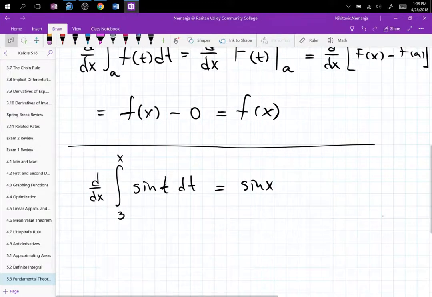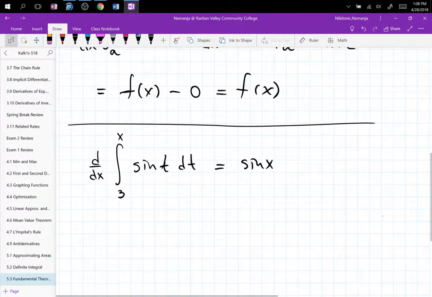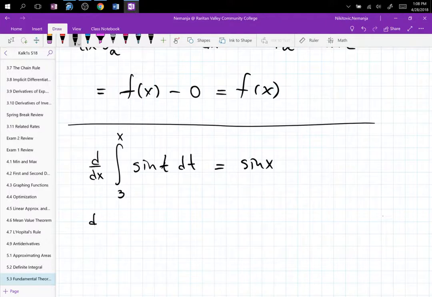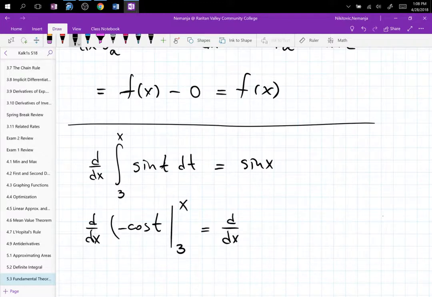Now, if you want the proof for it, d/dx of the integral of sine, which is negative cosine t, computed from 3 to x. This is the derivative of negative cosine of x minus negative cosine of 3.